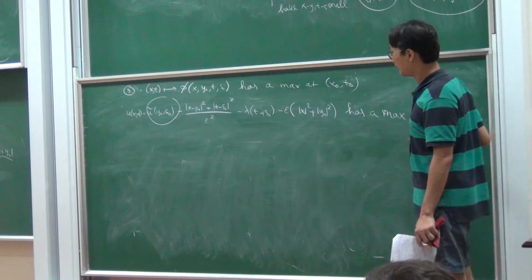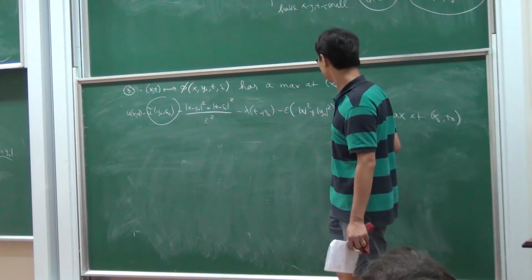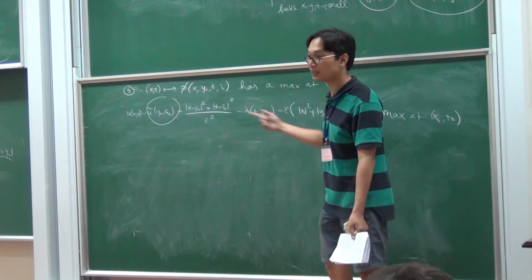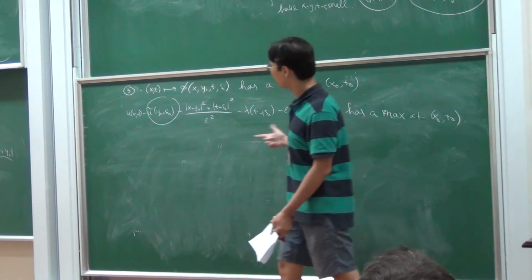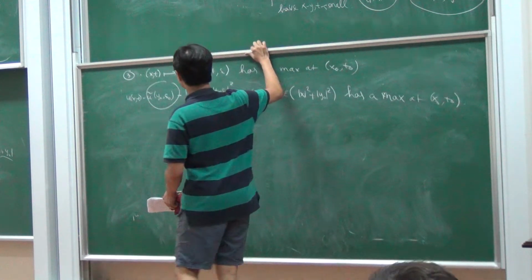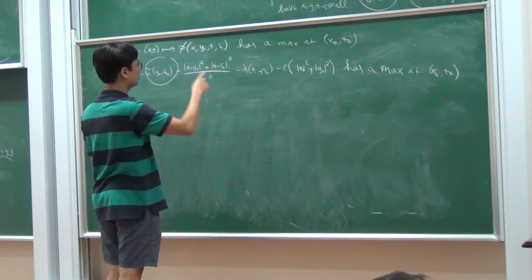Okay? Alright? Everything is polynomials. So now I can quote the definition of subsolution, right? This one has a max. So that means the test function blah blah blah has to be less than 0. So what is the time derivative of this one and this one?